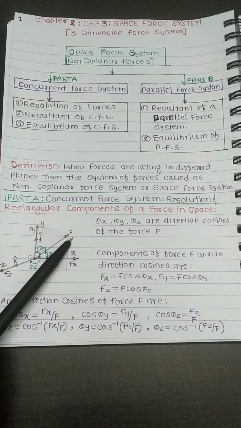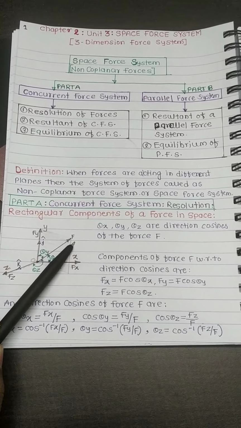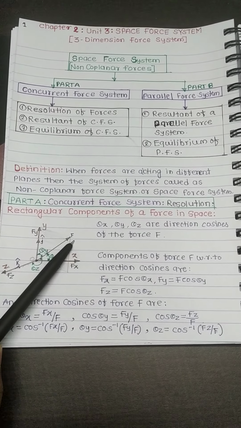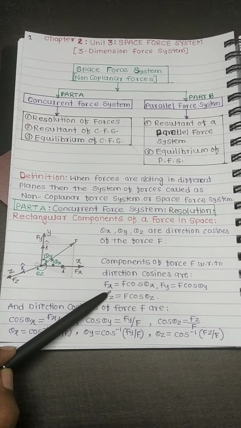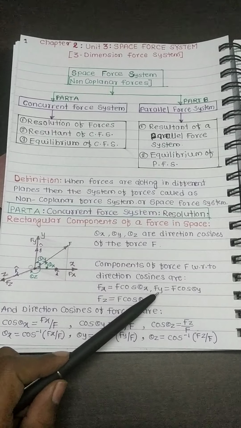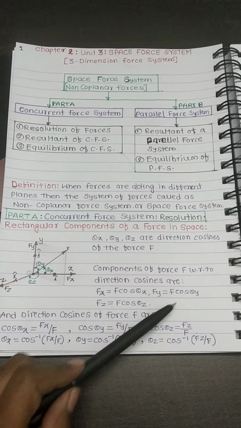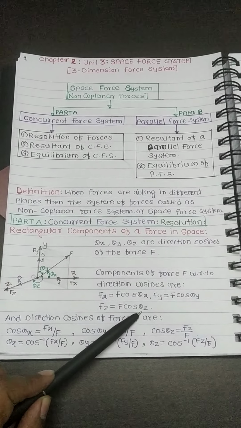The components of force F with respect to xyz direction and with respect to direction cosines are Fx equals F cos theta x, Fy equals F cos theta y, Fz equals F cos theta z.